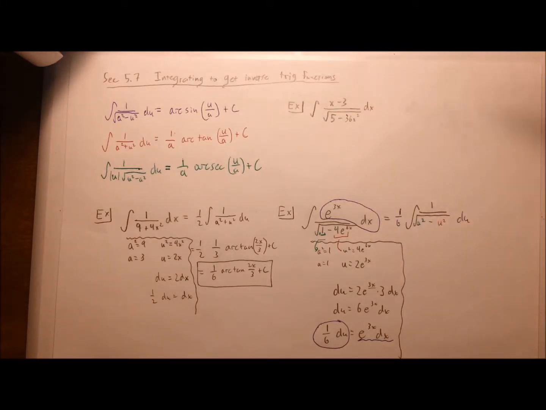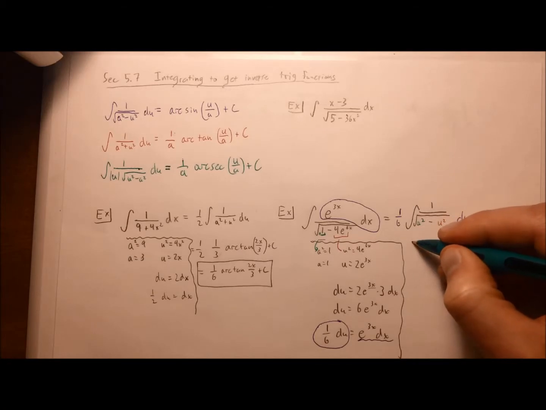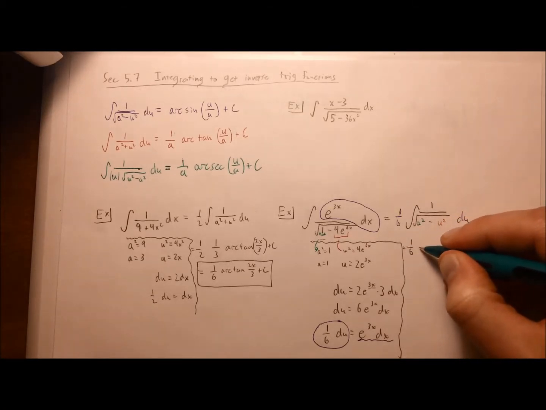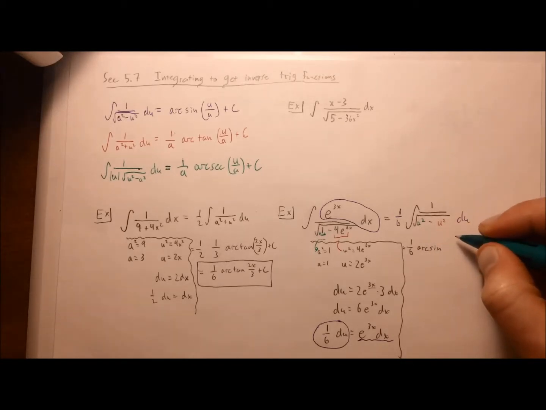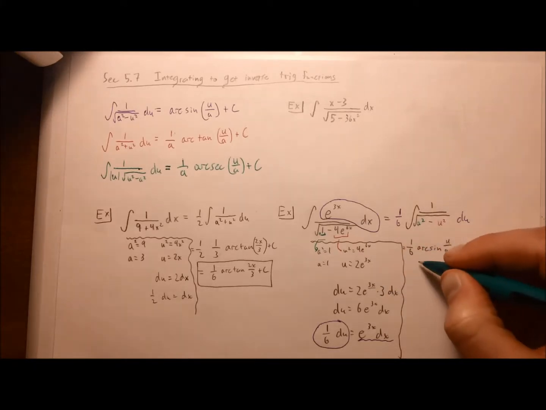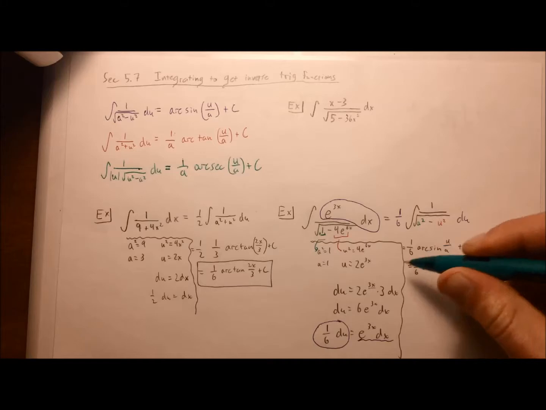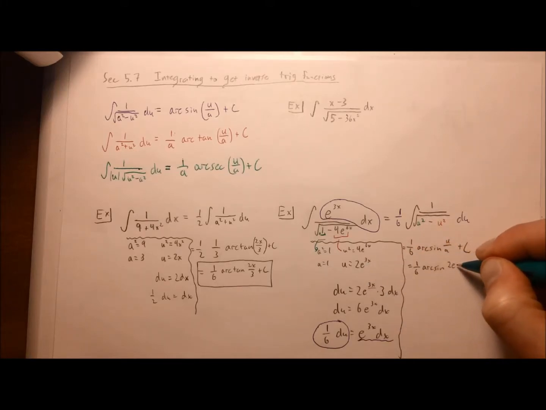That's amazing. So this is going to be 1/6 of the arcsine of u over a plus c, which gives us 1/6 the arcsine of 2e to the 3x, all divided by 1.